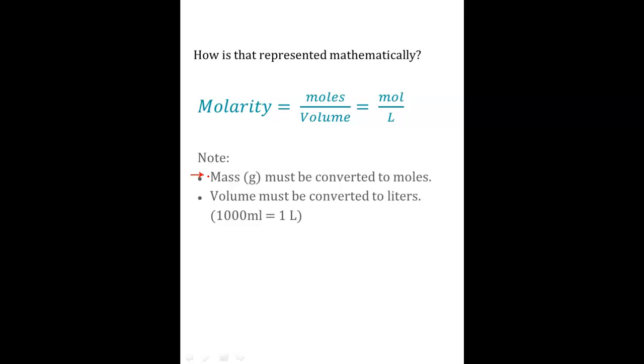In 1 mole, it's 6.02 times 10 to the 23rd atoms. And we want to make sure that we look at the ratio of amount, not mass. So all of our calculations using molarity are going to be in moles, not grams. So we need to convert those grams into moles.